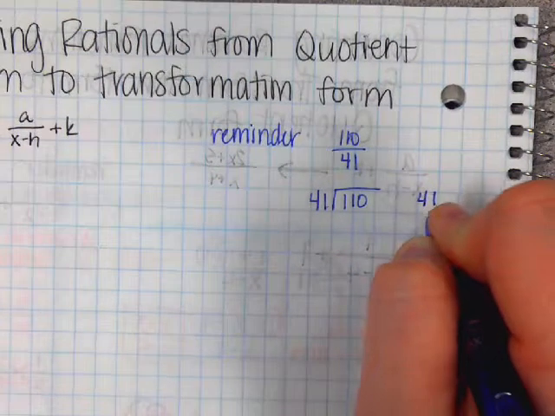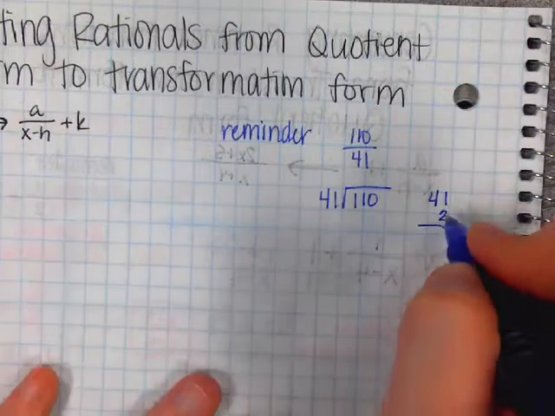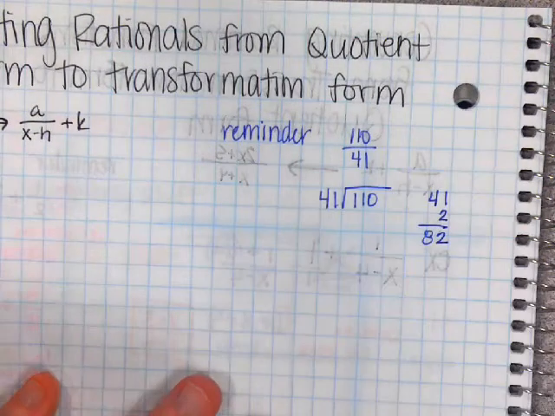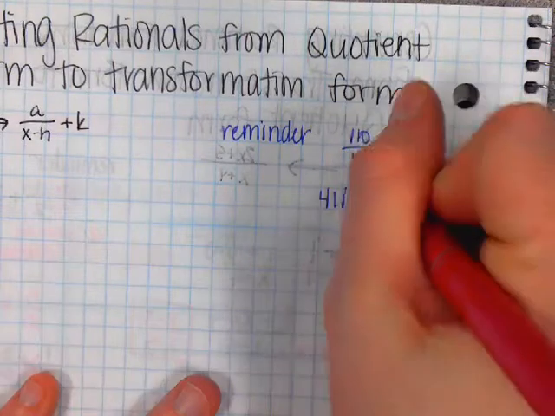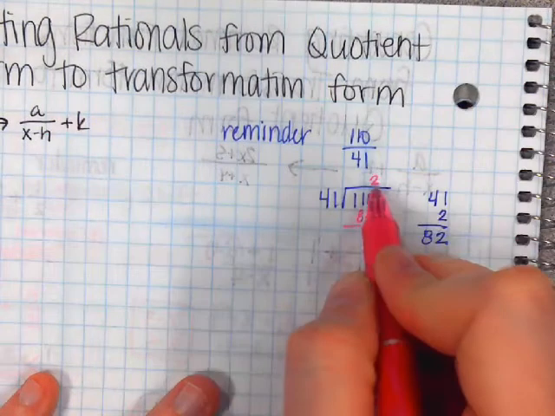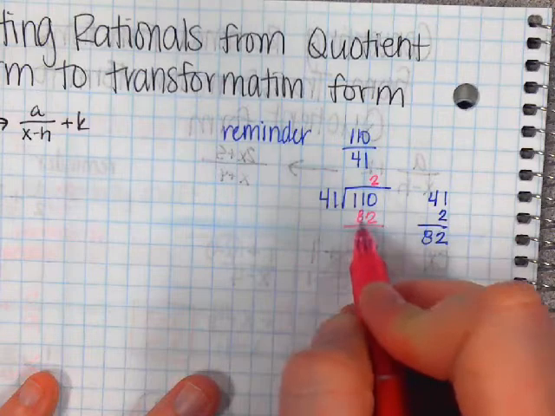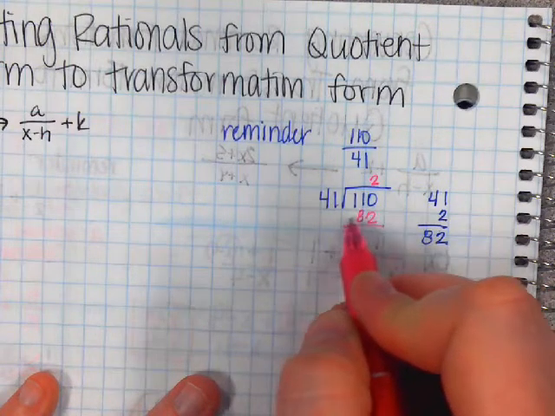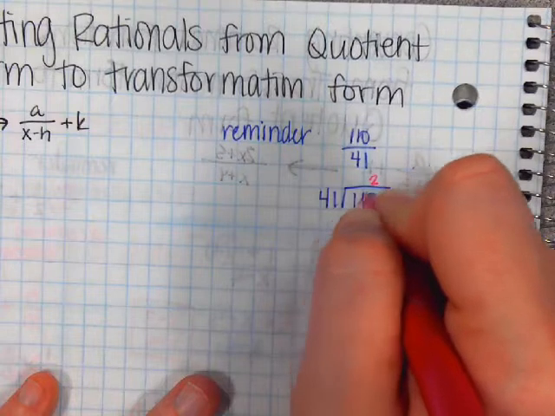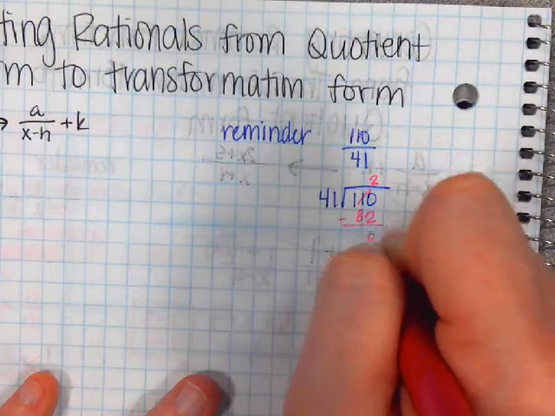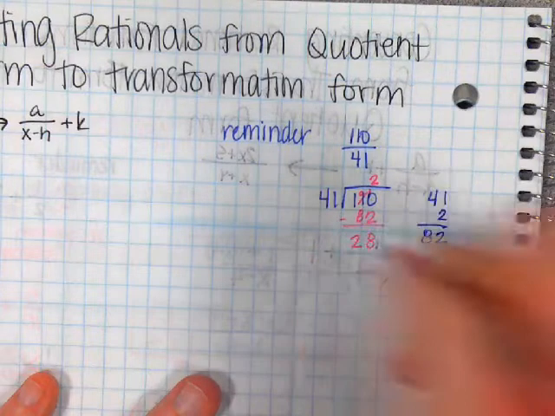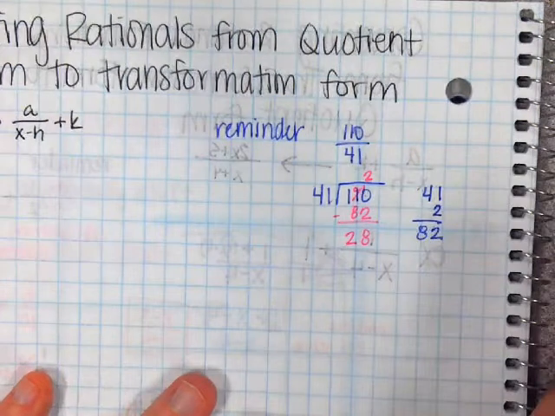Let's see. 41 times 2. 2 times 1 is 2. 2 times 4 is 8. So it would be 82. Yeah, that is probably it. So then remember, you do 2 times 41 is 82, and then subtract 110 minus 82, which is 28.